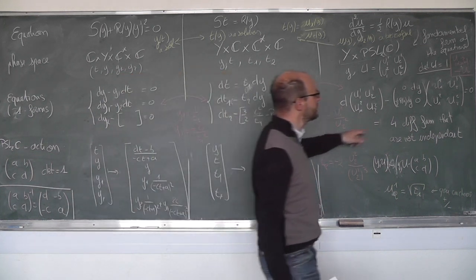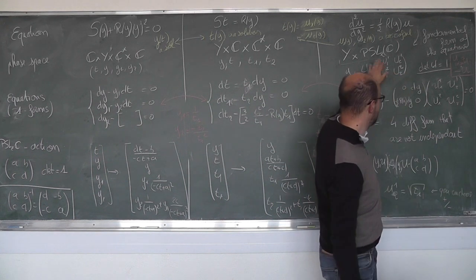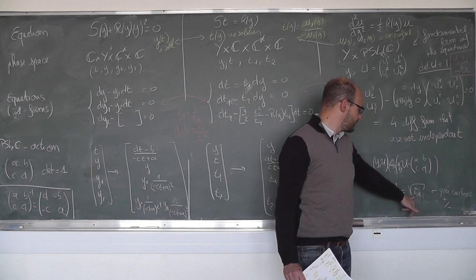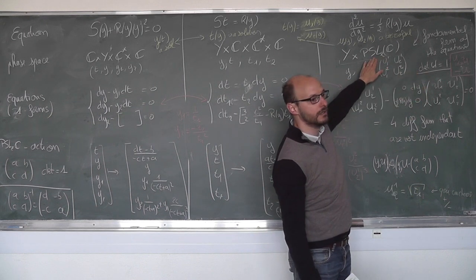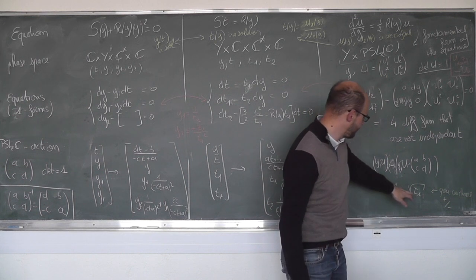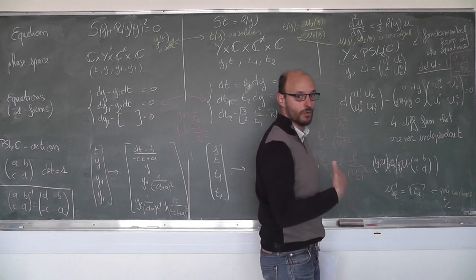So for this reason, if you have u or minus u, you have in fact the same element in PSL2, which corresponds to this choice of the square roots. It's just the choice of a matrix that you use to give a 2 by 2 matrix form to an element here. So it is not a problem, the square root. This square root is in fact well defined.